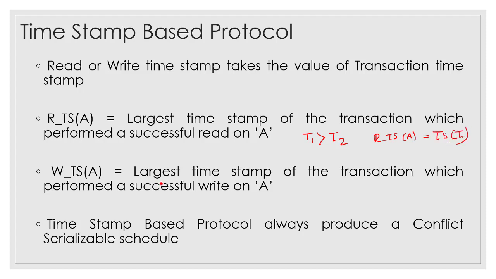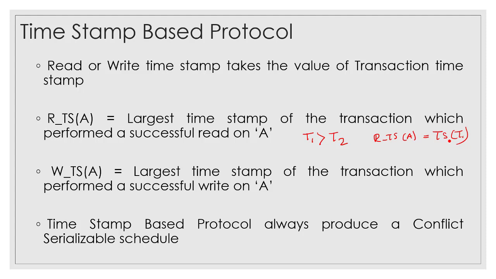Similarly, the write timestamp will have the largest timestamp of the transactions which performed a successful write on A. So the write timestamp will be this one if transaction 1 performed a successful write operation on the data item A.